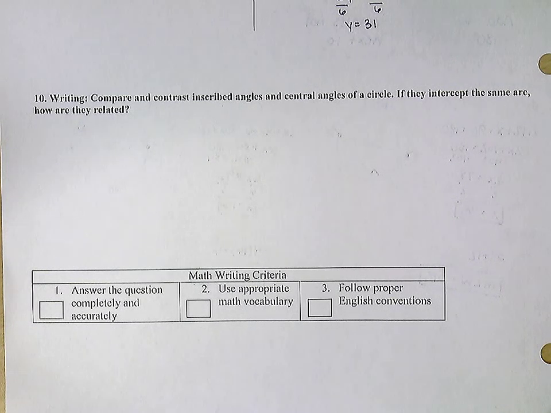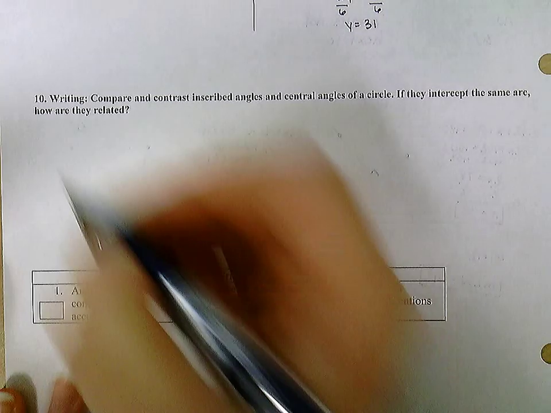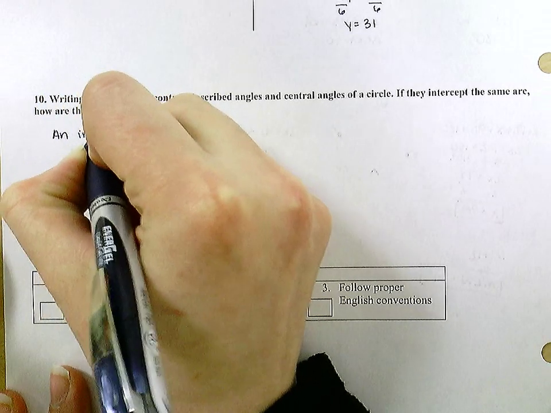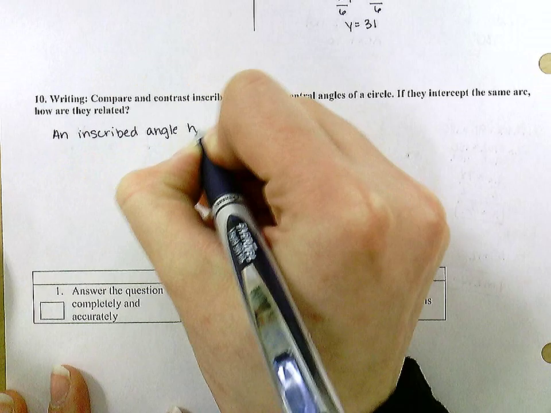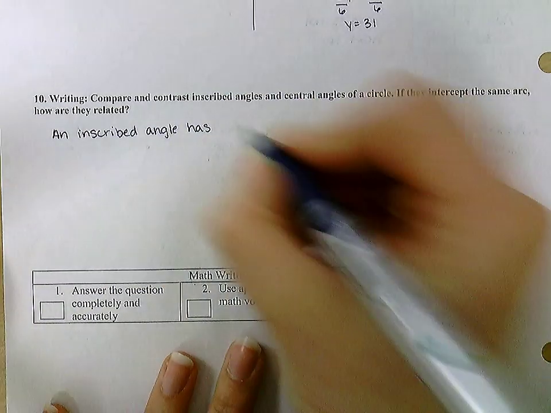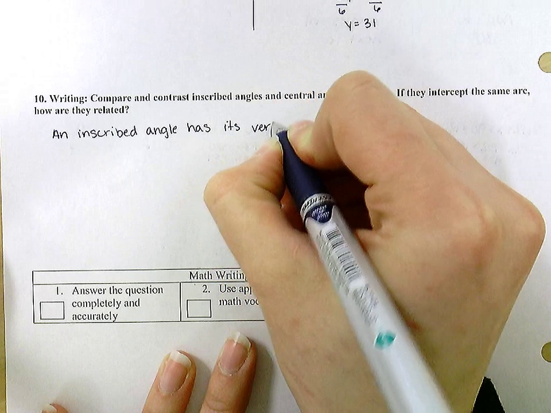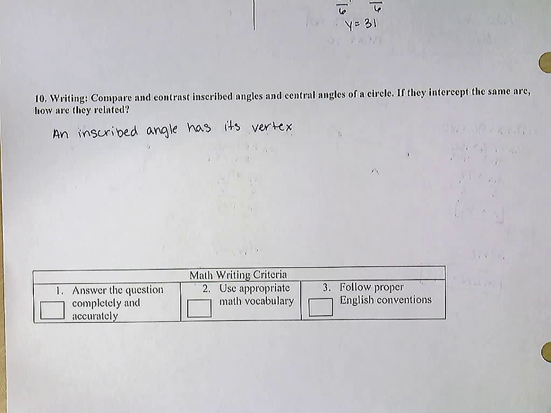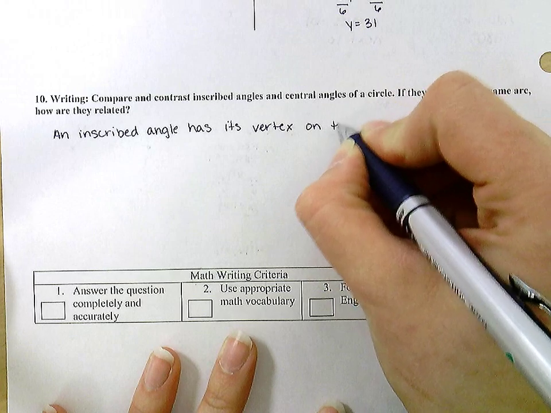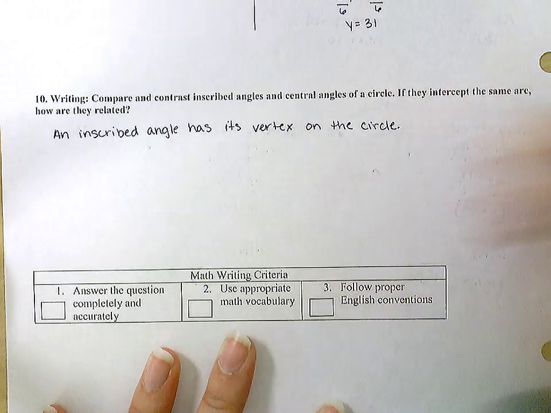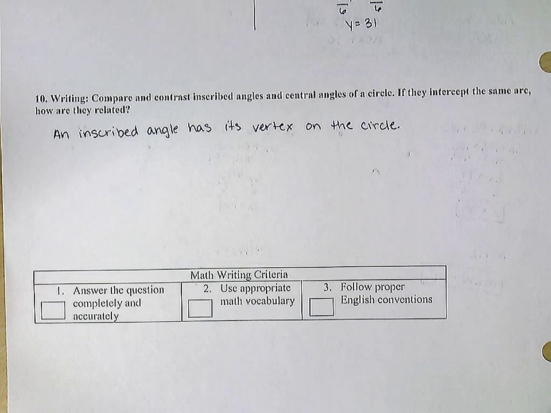All right, so I'm going to write out this answer. So first thing I'm going to look at is the inscribed angle. So an inscribed angle has its vertex. So that's where the angle is. Okay, so again, the vertex is that angle part. Okay, that vertex is on the circle. Okay, so that's an inscribed angle.